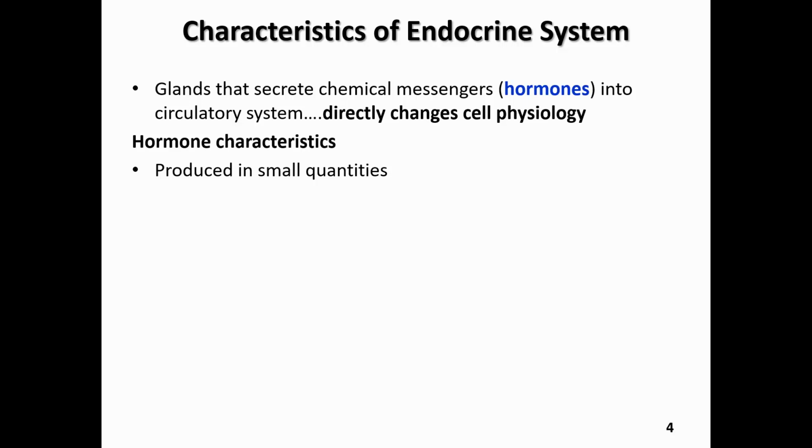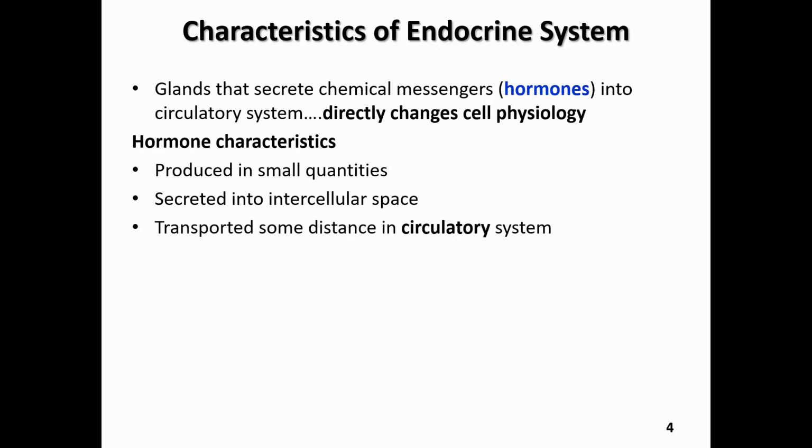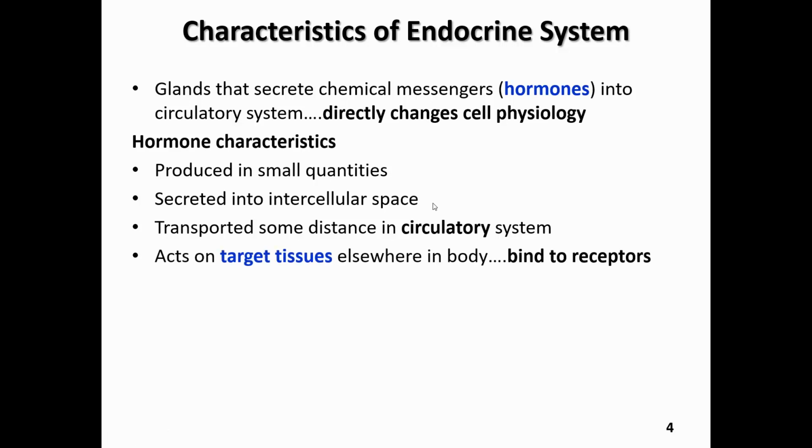So some of the general characteristics regarding hormones is that the human organism will generally produce hormones in rather small quantities. Those hormones, those chemicals will be secreted, released by the producing cell into the intercellular space, or the space outside the cell, and will eventually move into the cardiovascular or the circulatory system, through which those compounds will move throughout the body and will bind to receptors on target tissues.